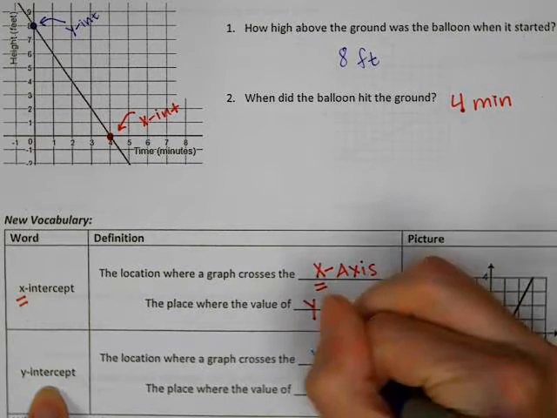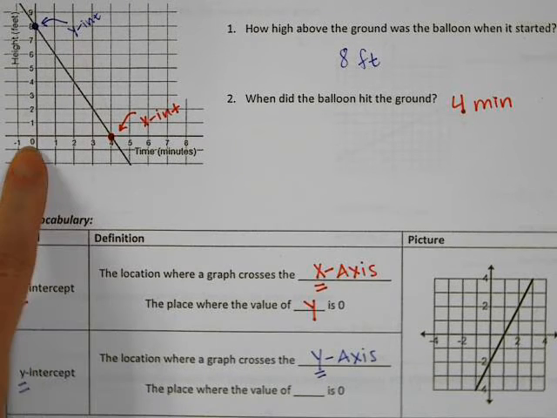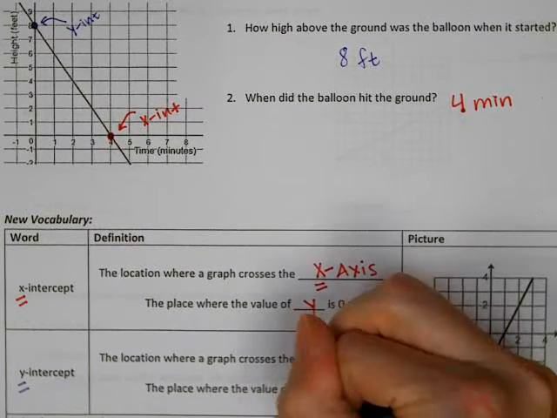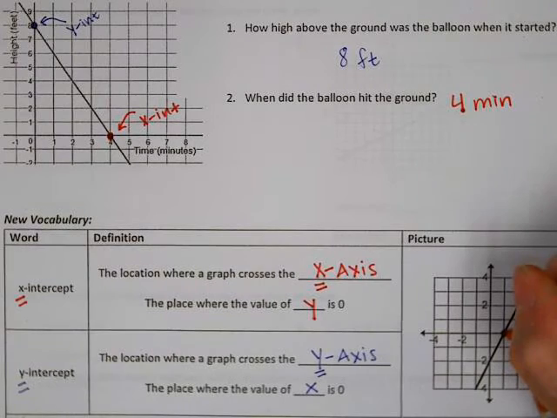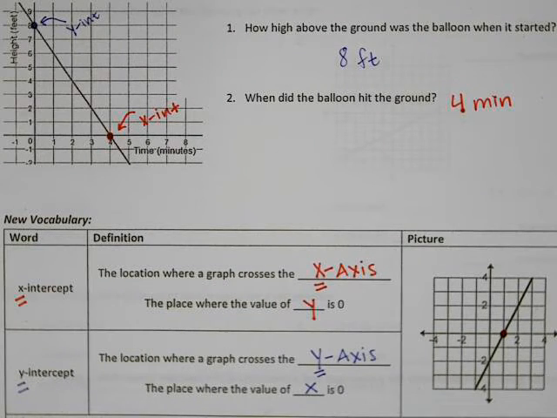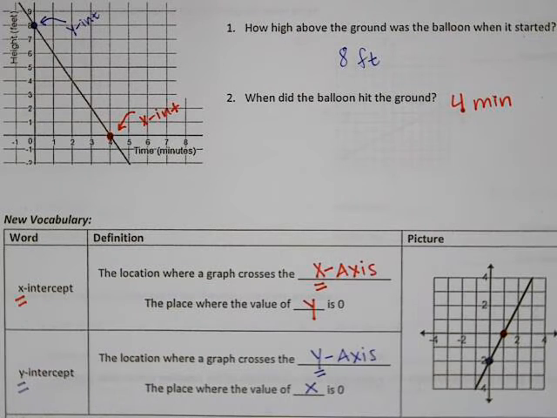Okay, duh. And the cool thing about the y-intercept is that the x value is always 0. So the other one is always 0. Okay, so an example here, the x-intercept would be here, and the y-intercept would be here.